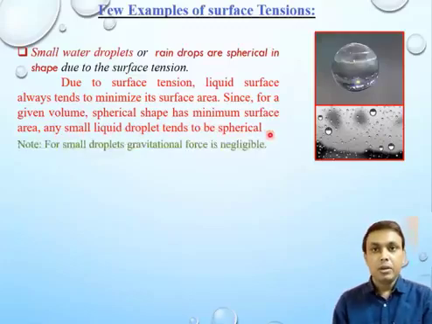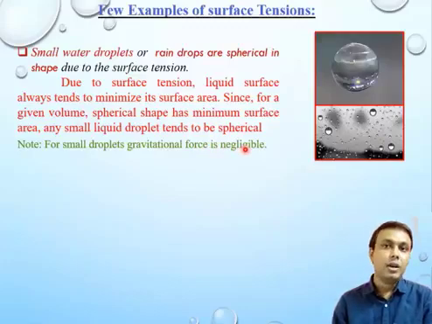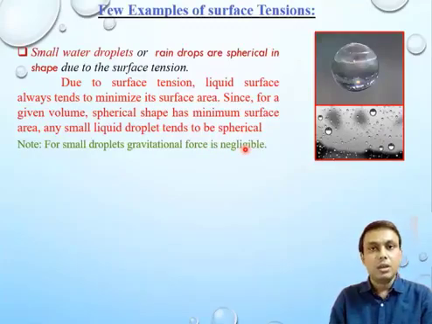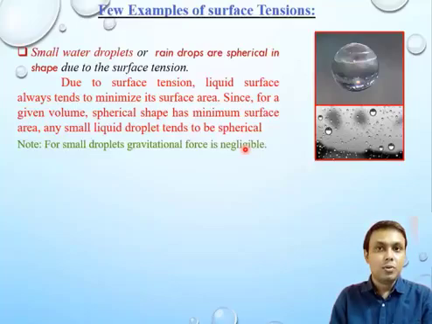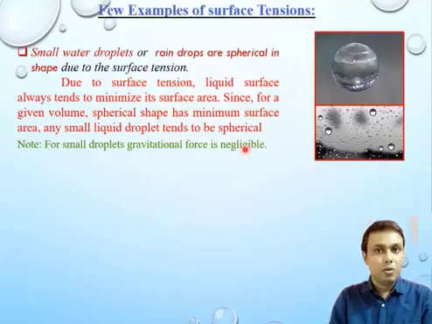Now here it is to be noted that for small droplets, gravitational force is negligible. If we take large water droplets, in that case the gravitational force will not be negligible and due to gravitational force the spherical shape may be deformed.